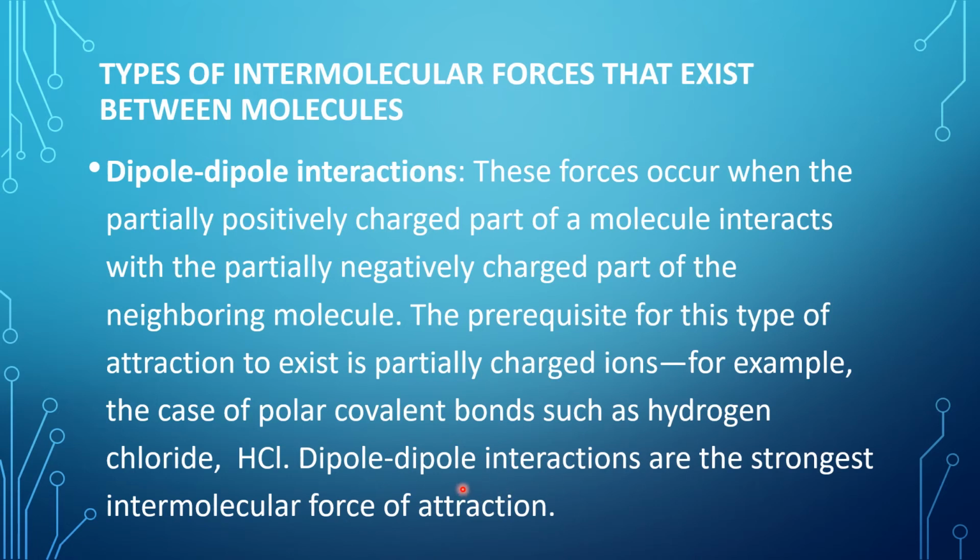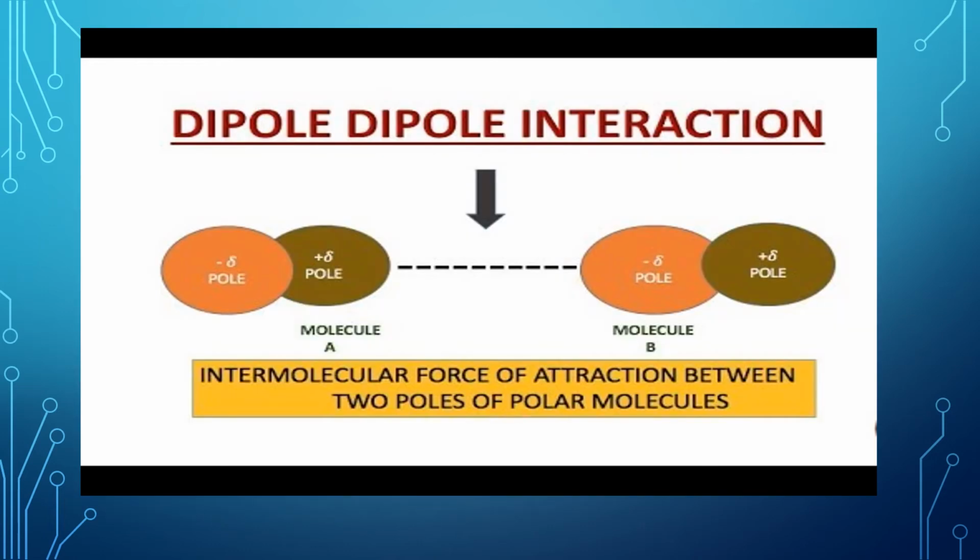Dipole is considered the strongest intermolecular force of attraction because they hold each other together such that the relationship is not easily broken. Like this one, we have the partially negative and partially positive, which is the dipole-dipole interaction.